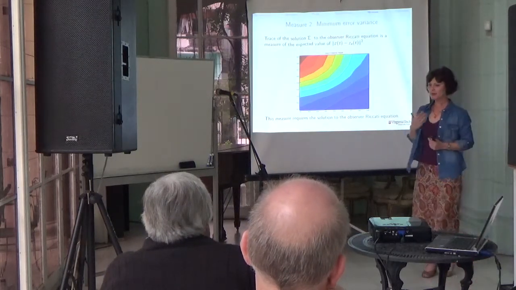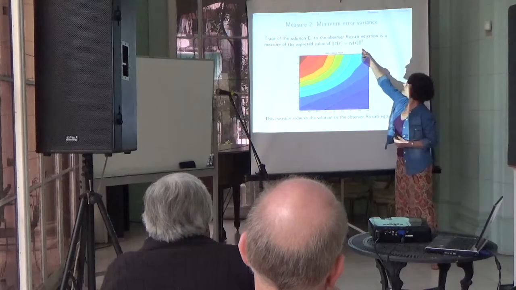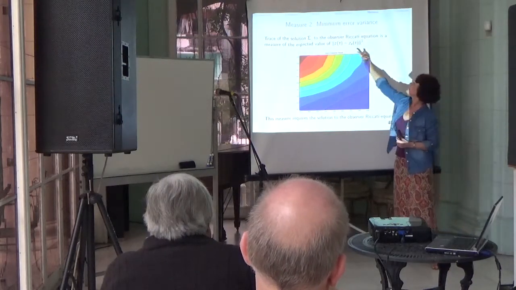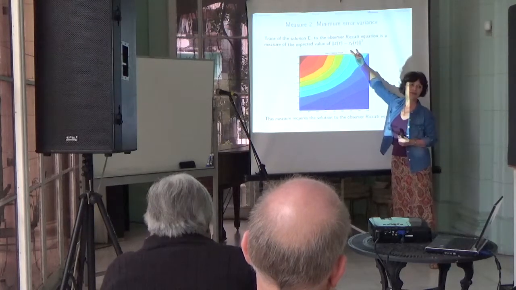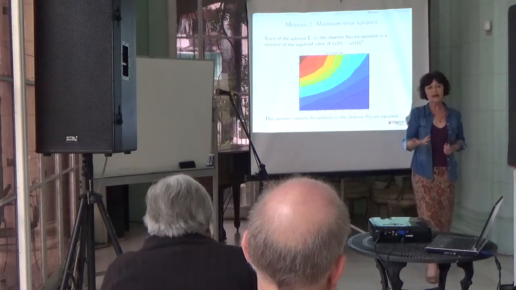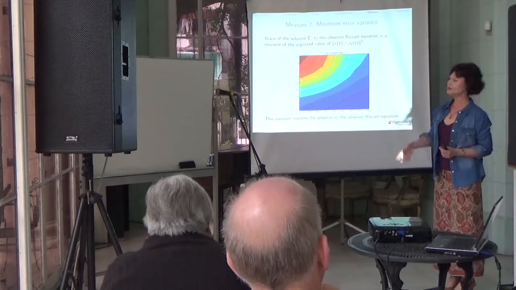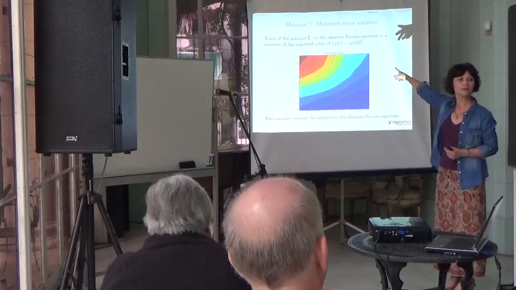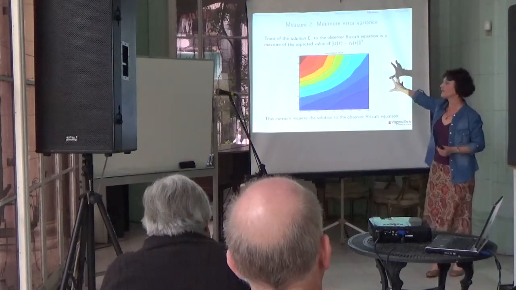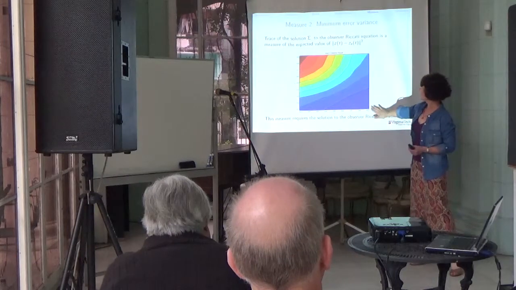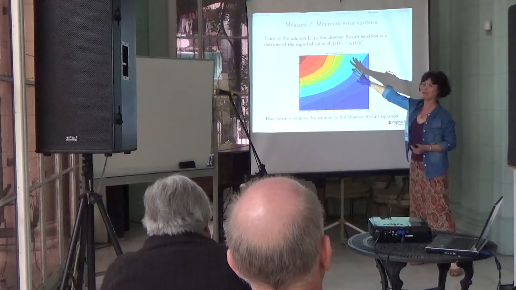A second measure is the minimum error variance. So we believe that if my measurements y are good enough, these two will be close together, so that error will be small. So one can argue I want to determine a location q such that y is good enough to make that as small as possible. And here's just the graphic from calculating the 225 locations, where blue is small and red is big.